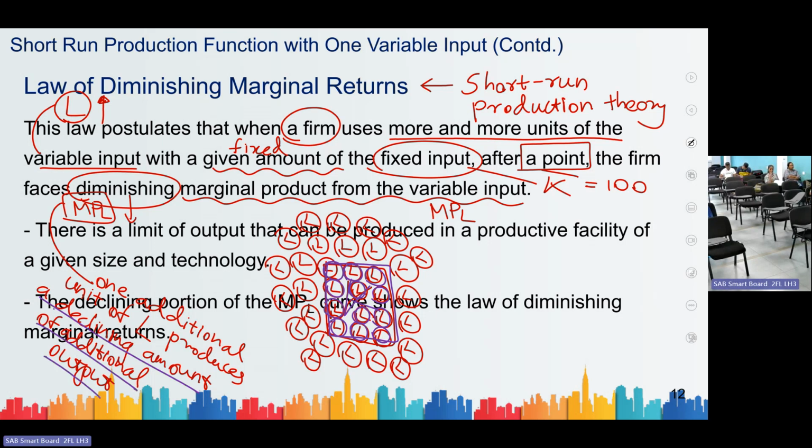That is what this theory says. Labor becomes underutilized. There are not enough machines to utilize the excess labor.